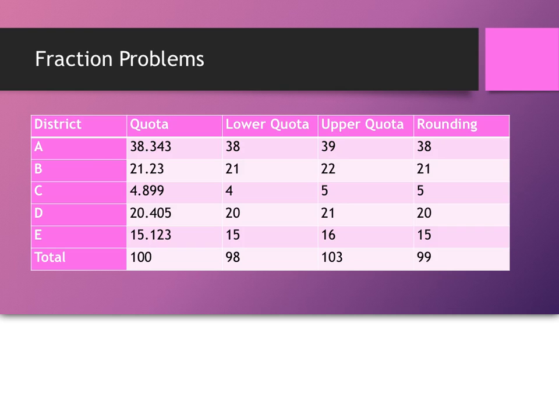And this is an issue because now we have 99 representatives. We want to fairly allocate 100 representatives. And these three standard mathematical procedures of using a lower quota, that'd be the floor, the upper quota, that's the ceiling, or standard rounding, don't give you the right number of representatives.